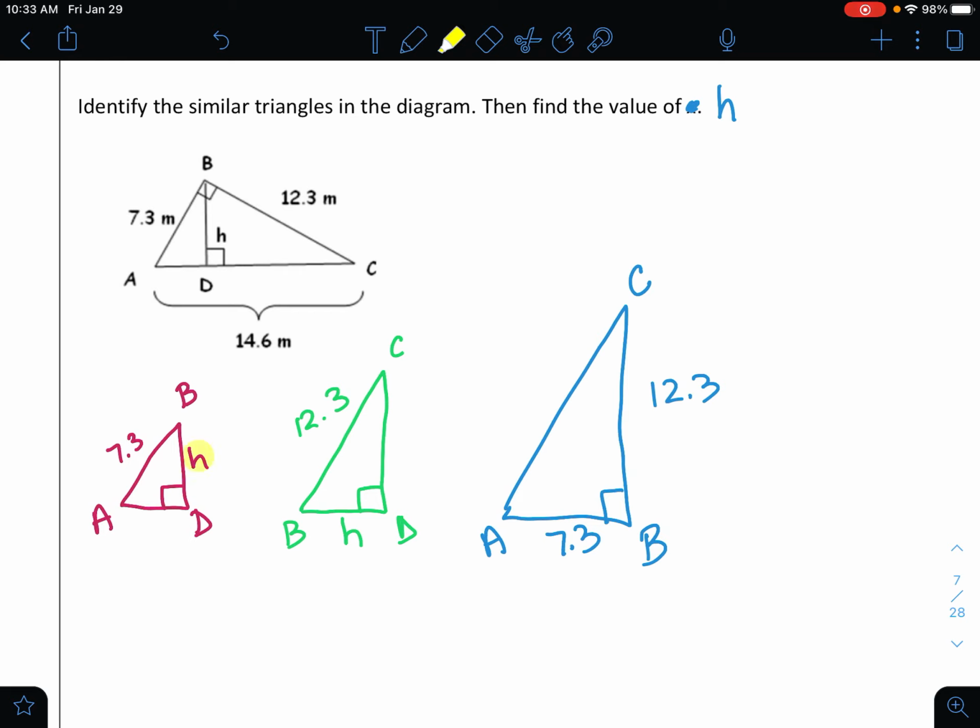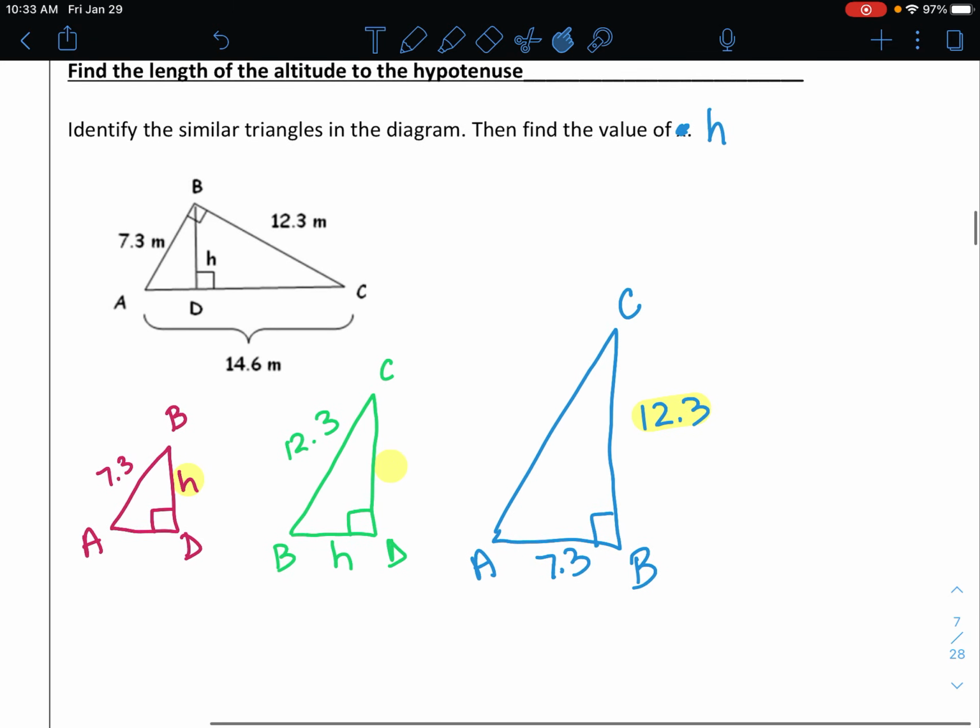Let me do a little highlighting. h is right here, but I don't have anything here, though I do have 12.3 here. 7.3 doesn't go with anything, and AD doesn't have anything here, but it has 7.3 there. So I'm not going to use h there. Here's another h, and I have a 7.3 on a corresponding side.